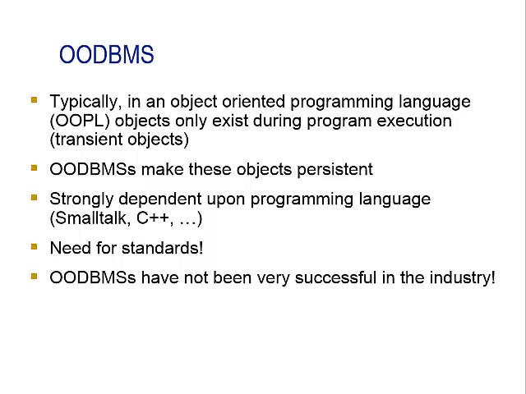Object-oriented DBMSs have not been very successful in the industry, except for niche applications, for very specific applications, such as scientific applications, for example. They have not been very successful in the industry because they are generally perceived as difficult to handle.